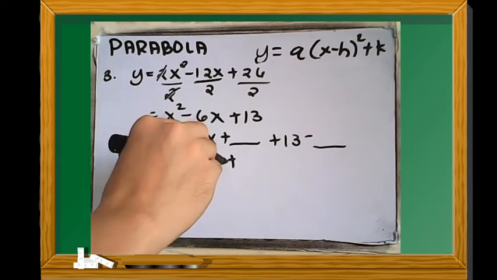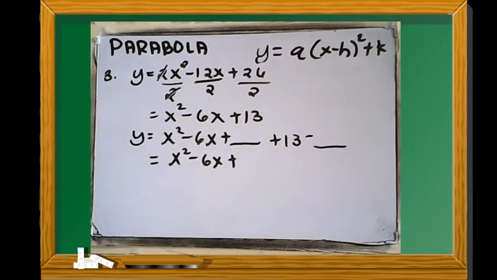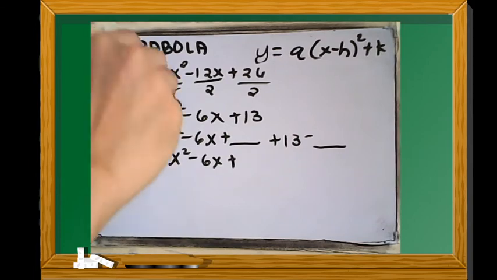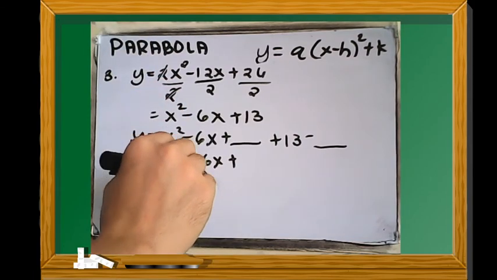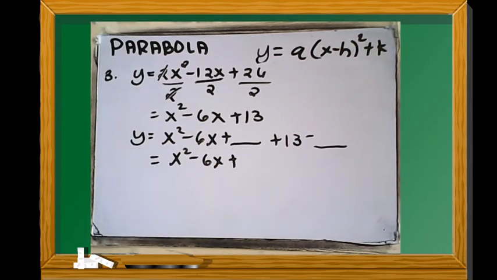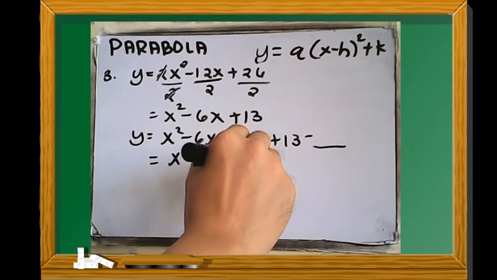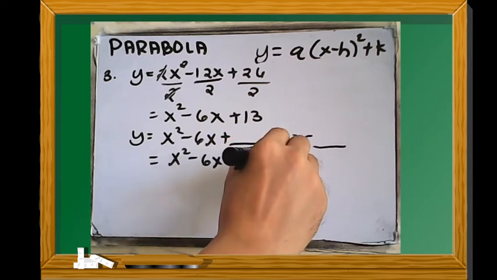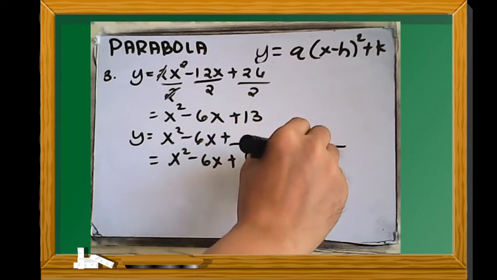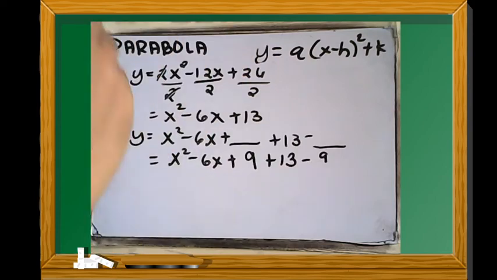And then plus, so what will be the third term? So that is completing the square. So negative 6 divided by 2 is negative 3. Negative 3 multiplied by negative 3 is 9. So that will be our third term. Plus 13 minus, so we add 9 here, we will subtract 9 here.